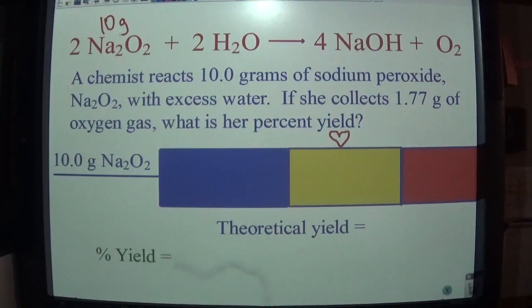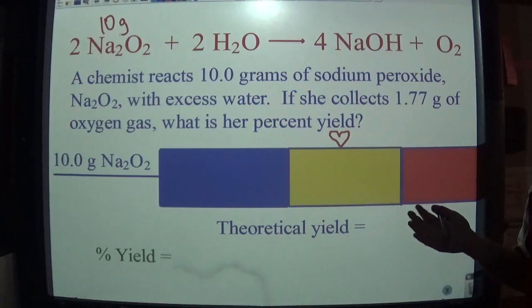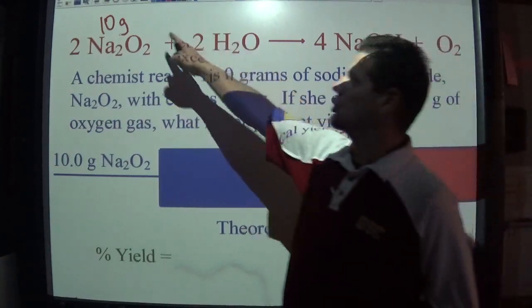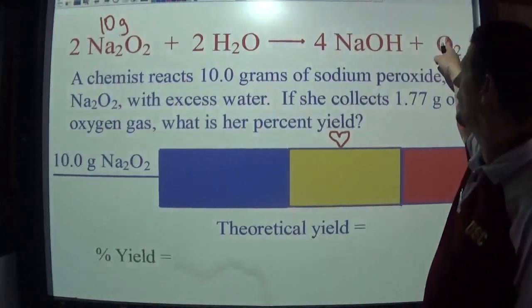That starts to bring in the idea of limiting reactants. I have excess water, which means it's never going to run out. The sodium peroxide is the limiting reactant. It will get used up, and that's all we really care about. How much sodium peroxide reacts controls how much product we're going to make.